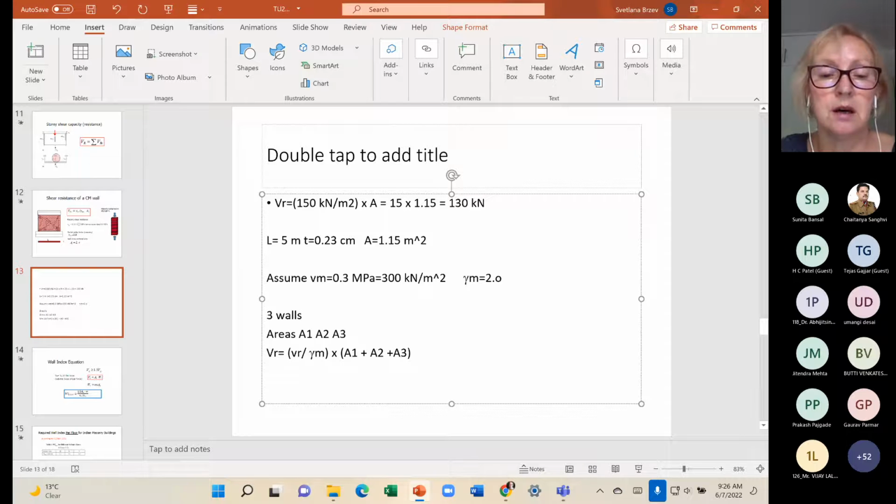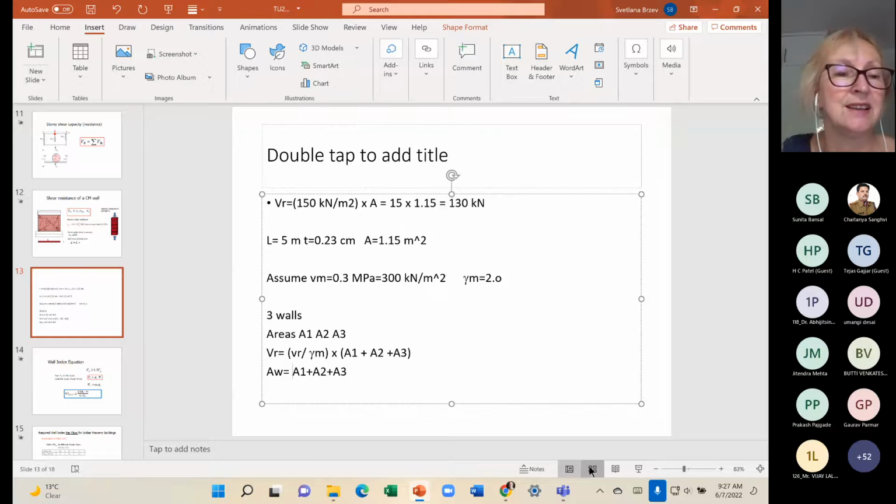But because A1 plus A2 plus A3 is equal to AW, that is what we had at the beginning of the section.